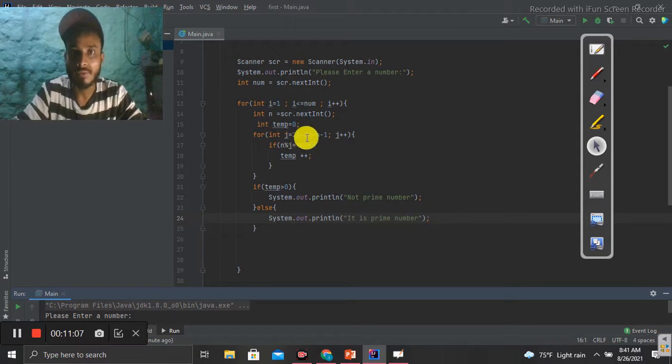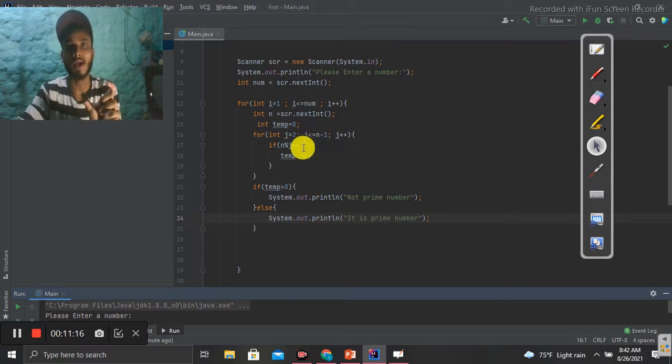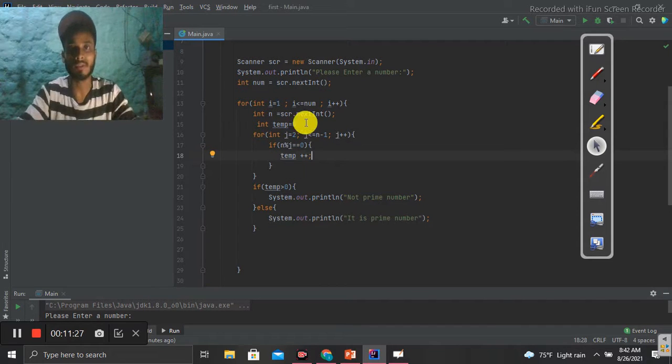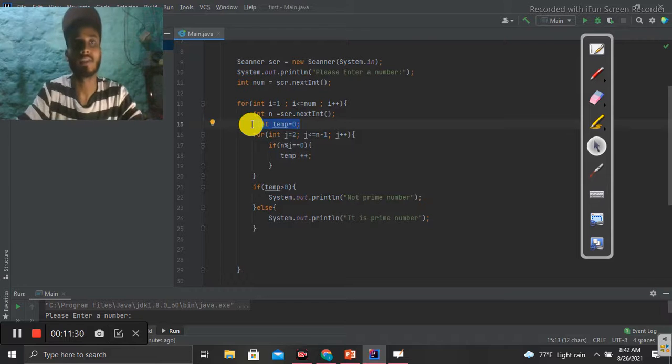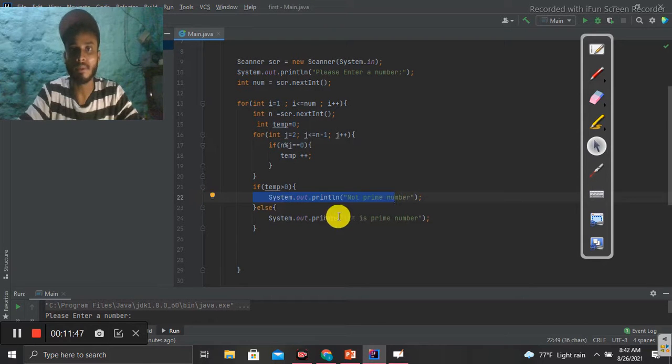This is the logic: if n is divisible by a number in between and the modulus comes 0, then it is not a prime number. To avoid repetition, we also take a variable to increment, and if temp is greater than 0, that means the flow came here and it is not a prime number, so we print not prime number, else it is a prime number.